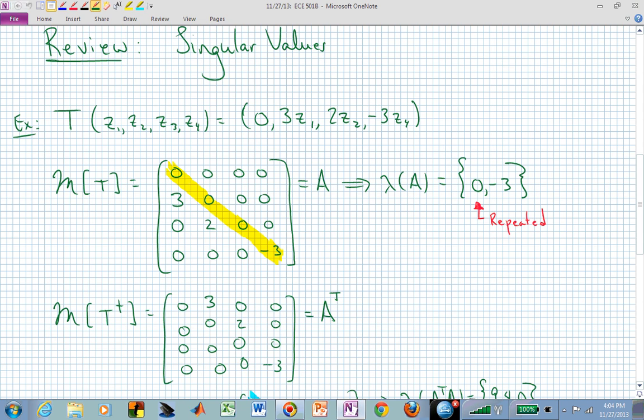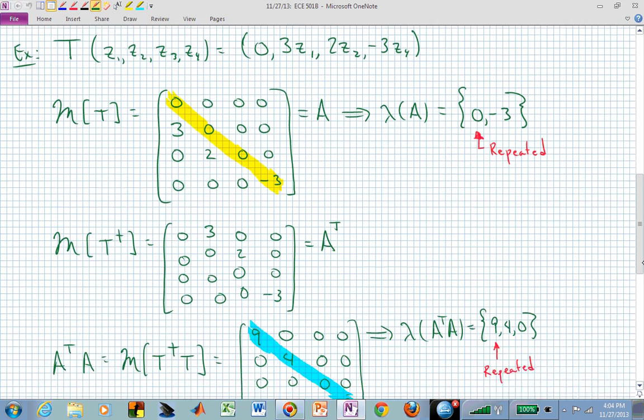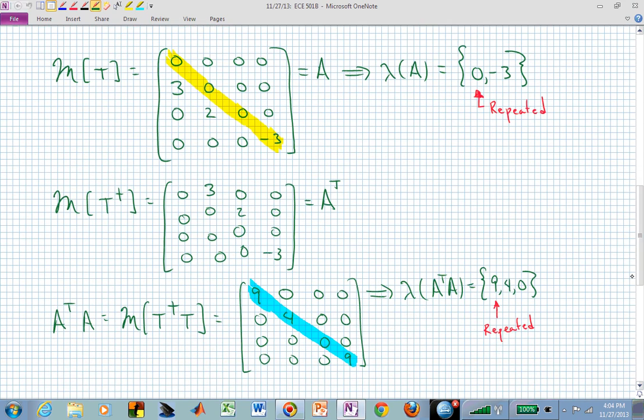We can, though, in this particular example, look at the adjoint. In this case, the matrix representation is simply the transpose of what I'm calling A for the matrix representation of T. So we simply flip things across the diagonal.